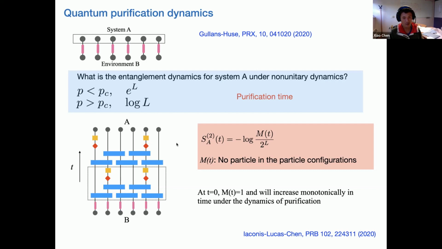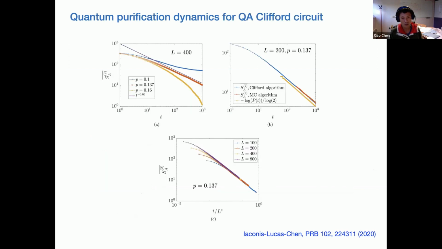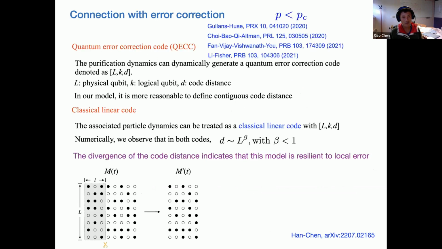We could further do some numerical calculation and show that this is consistent with directed percolation. So this model provides a nice physical picture to understand this measurement induced entanglement phase transition by mapping it to a classical particle model.